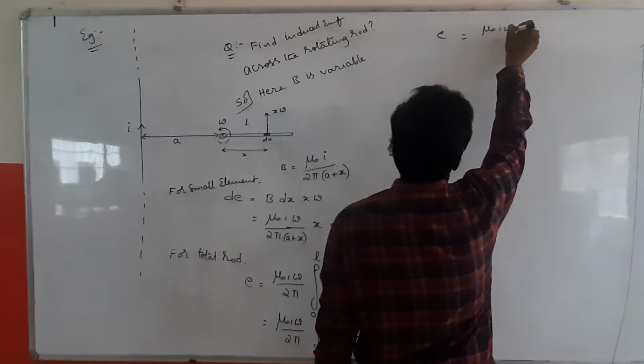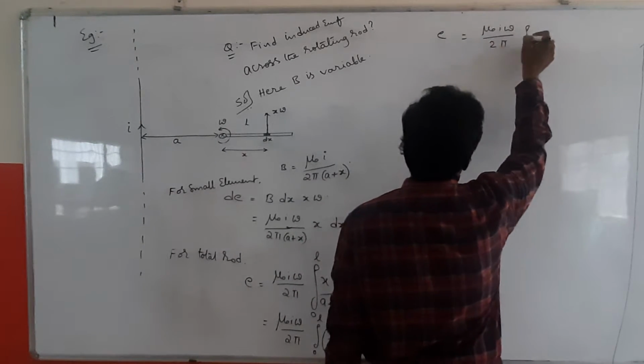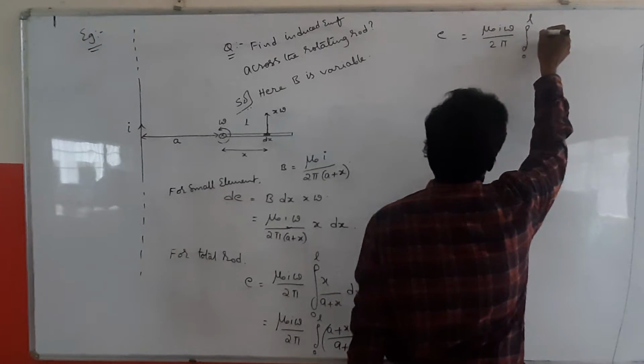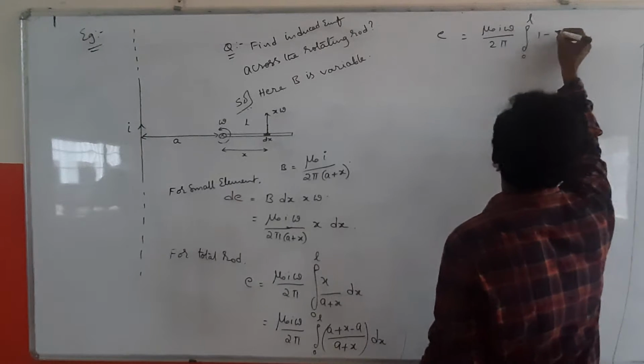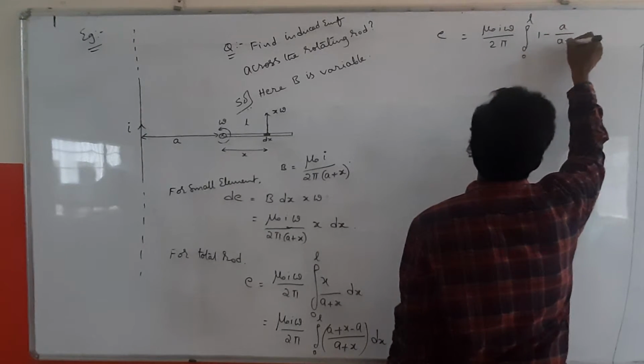Mu naught I omega by 2 pi, integral 0 to L, 1 minus a by a plus x into dx.